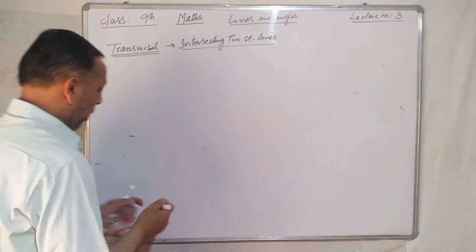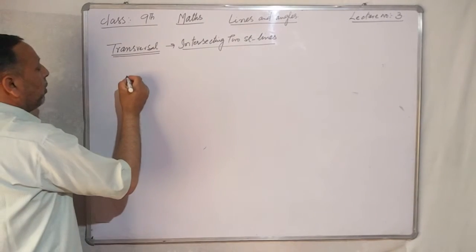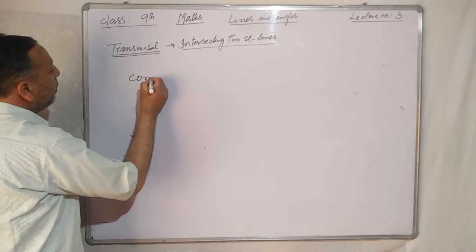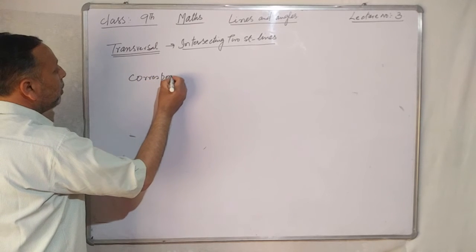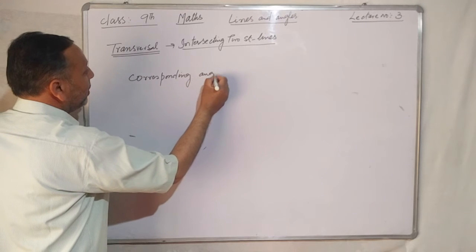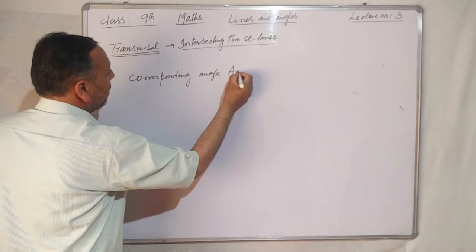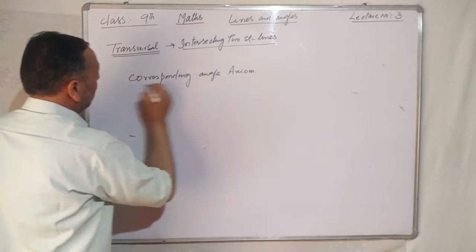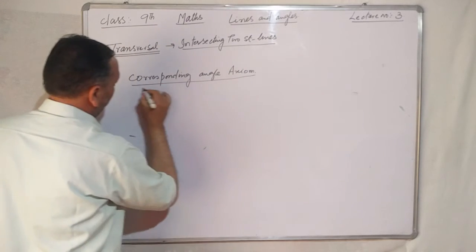Now, the corresponding angle axiom. There are two statements of this axiom.